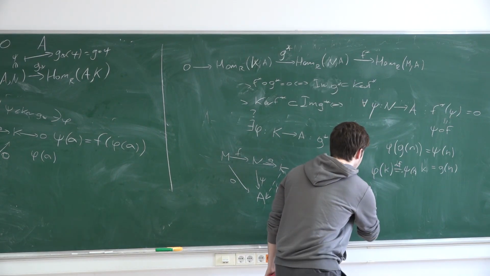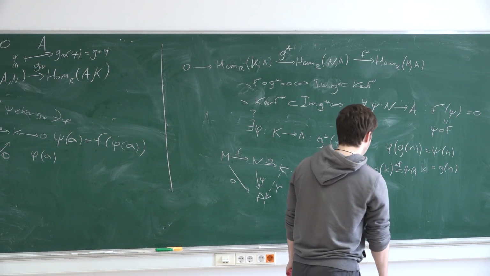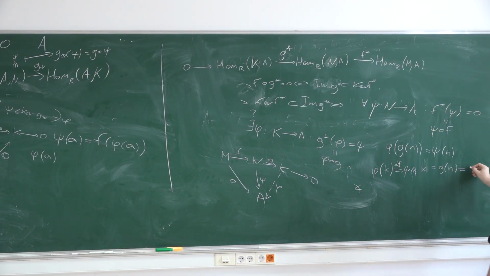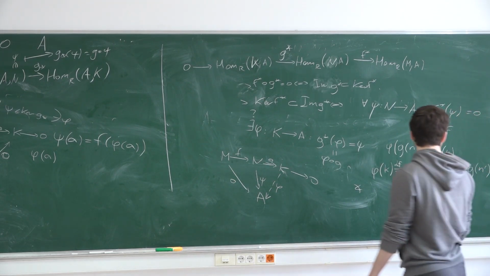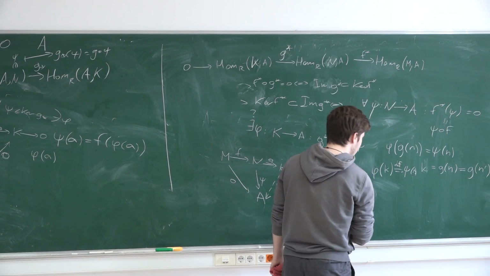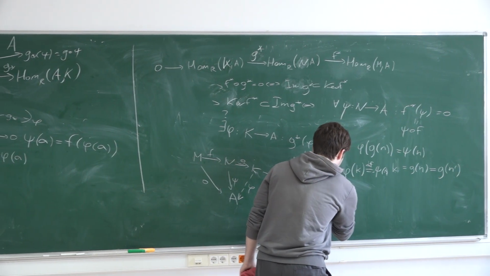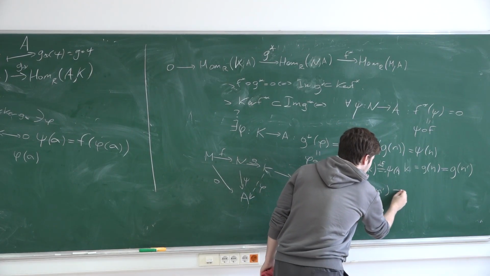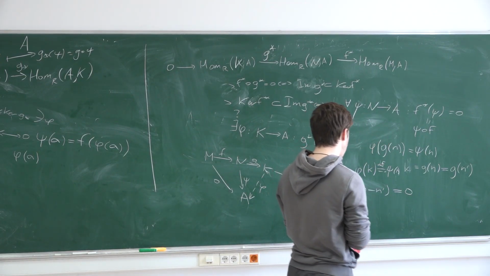And why is it correct? We must check this. Consider if we have another preimage. Since it is an equality, we have 0.